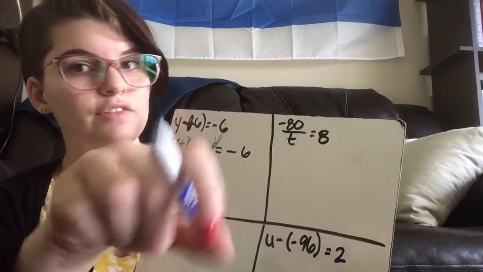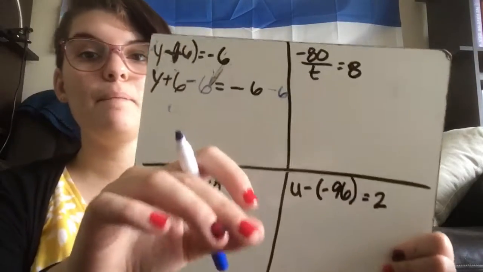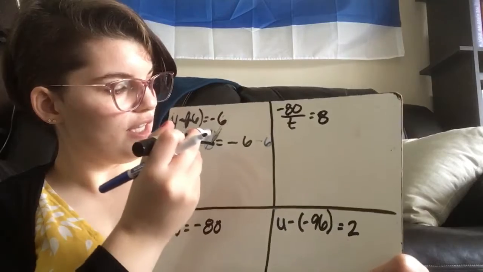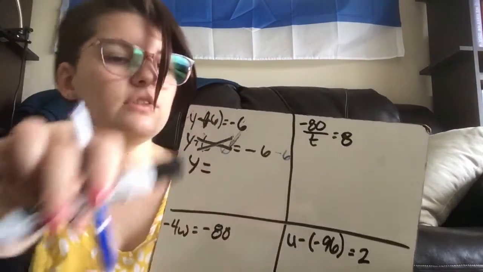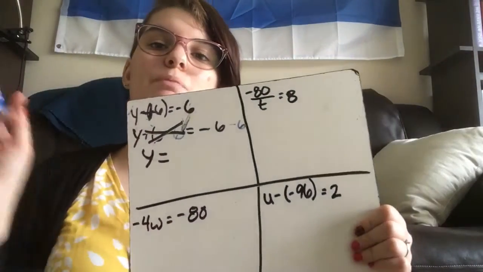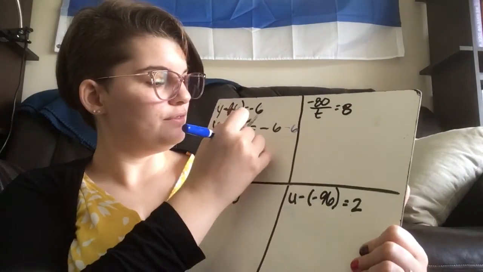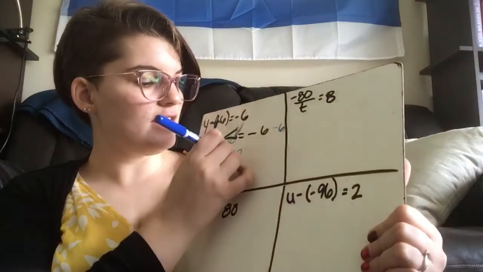But again, whatever you do to one side, you have to do to the other. So I still have negative 6 minus 6. All right? These 2 cancel out. And I am left with y equals negative 6 minus 6. So you're going further back on the number line. What does that equal? Negative 12. Ta-da! Your answer is negative 12.